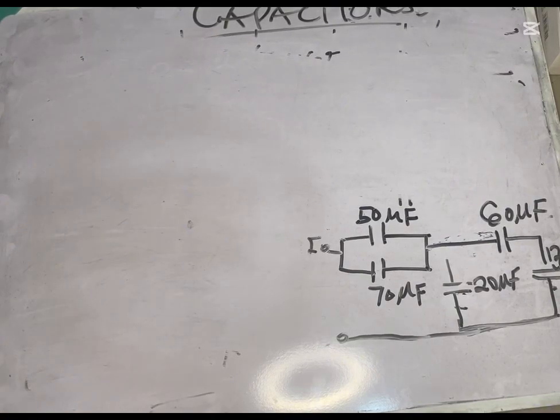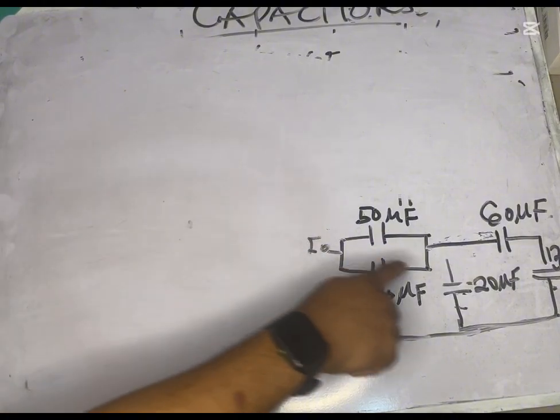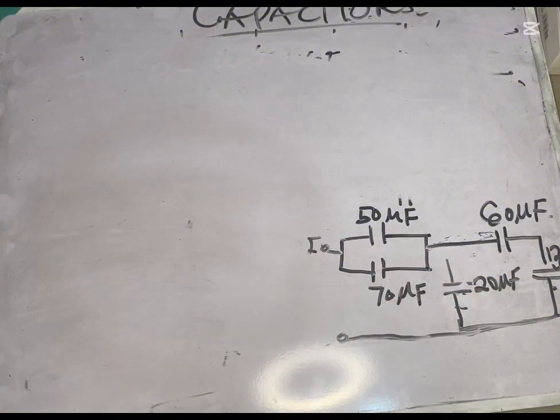So now let's quickly resolve this last one. Here we have 50 and 70, and in parallel we have these other ones too. Basically I'm going to be explaining how we'll go about this particular circuit.